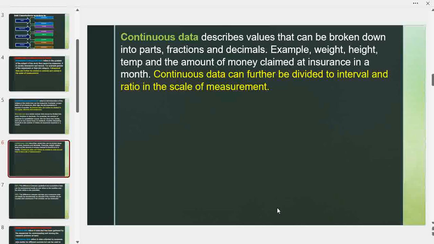For example, if I say my weight is 65 kgs, I mean I weigh 65 point something. It can never be even 65 at any point exact. So that is why we have continuous data. And continuous data can further be divided into interval and ratio, which we are going to look into the details when we go to the scale of measurement.